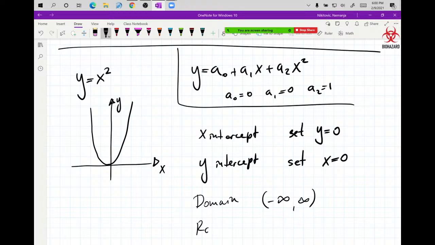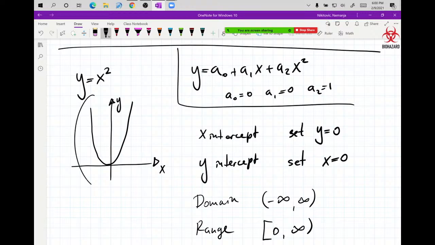How about range? Well, in this case, the range is including 0 and going to positive infinity. Is there anything else we need to talk about in this case? No, I mean that's it.